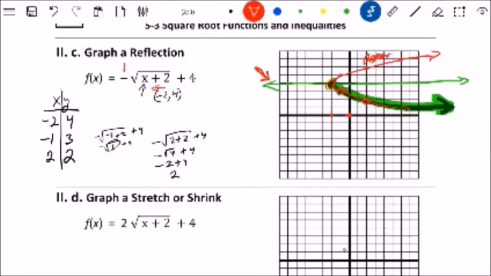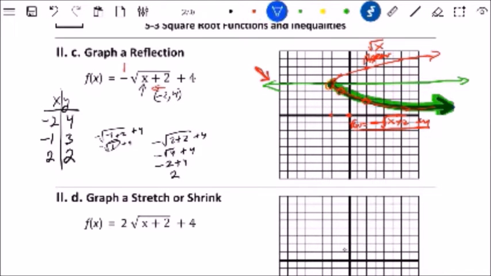That's the parent function, which is the square root of x. Then this one is going to be the negative square root of x plus 2 plus 4. Let's make that a little clearer at the beginning. This is the function of x equals, and then there's a negative in front of it. All right.